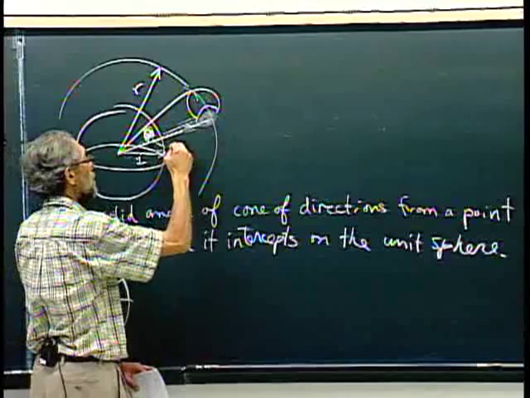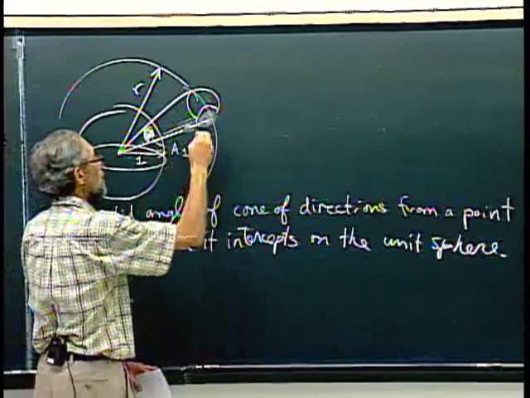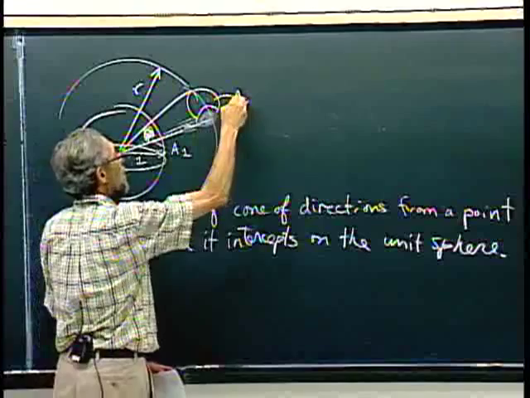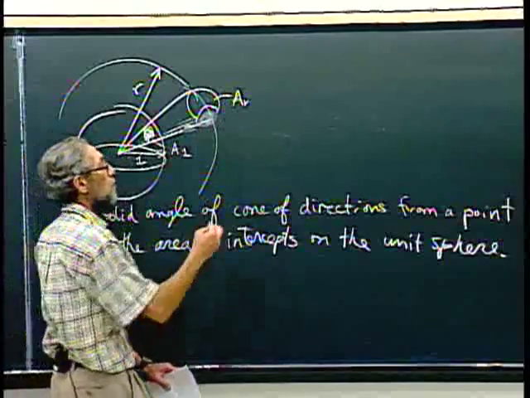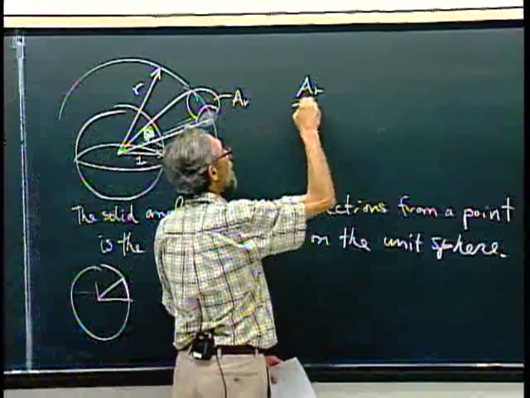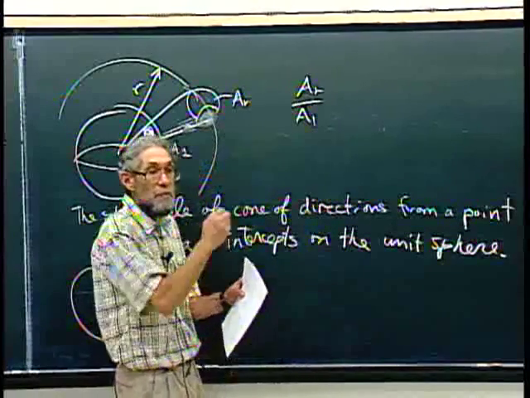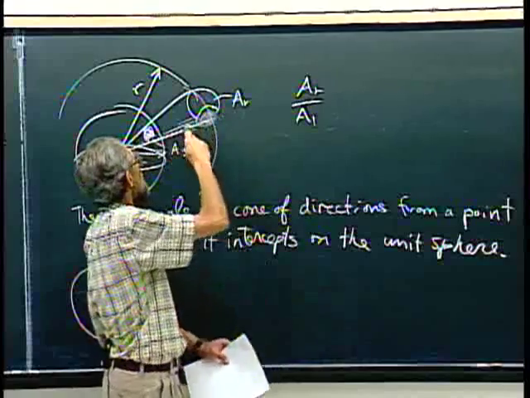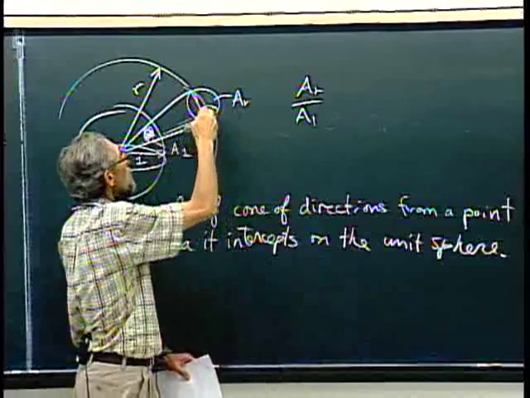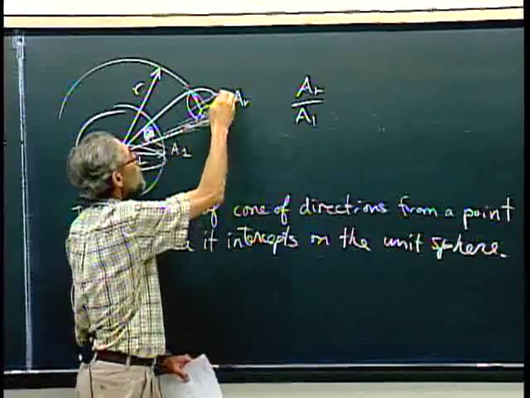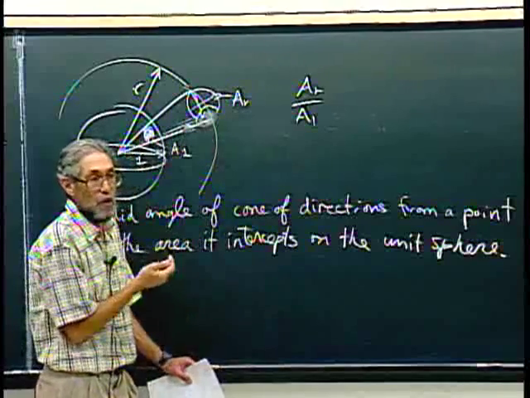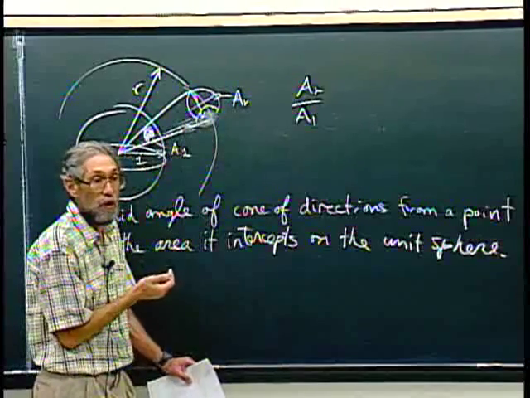Maybe this is area A1 and this is area AR. Right, so AR to A1. If you go twice as far away, you're basically increasing this direction by a factor of 2 and this direction by a factor of 2. So the total area increases by a factor of 4.